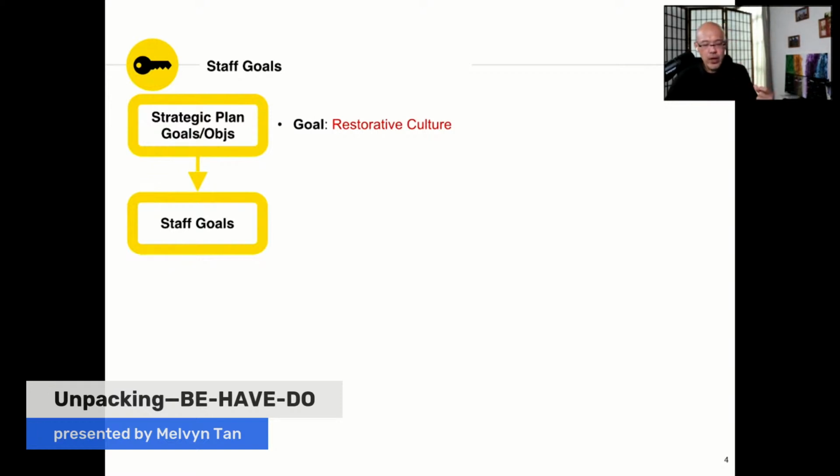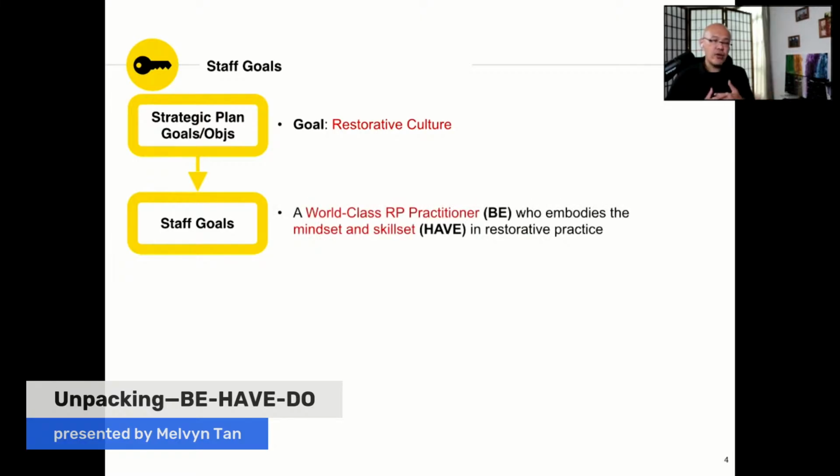So when we guided the school in crafting that goal, we helped them identify not just the be but the have as well. Take a look at this. The way that they have written that goal, like I said, some of the details are dropped for obvious reasons, but essentially they want their teachers to be world-class RP practitioners.